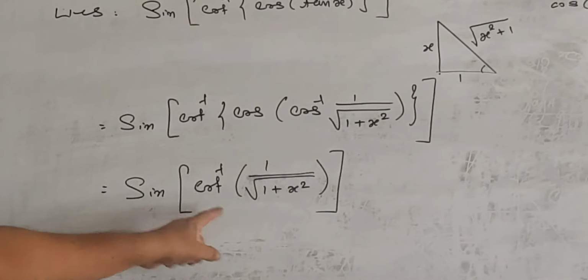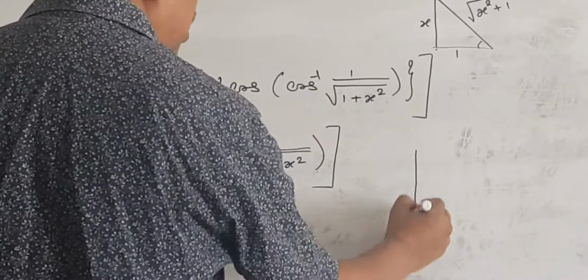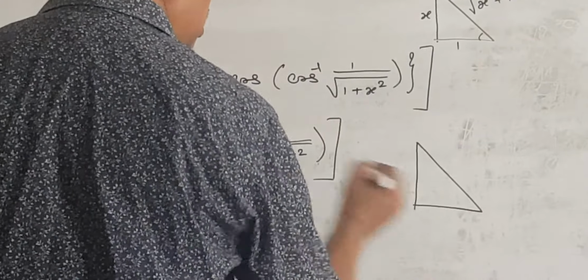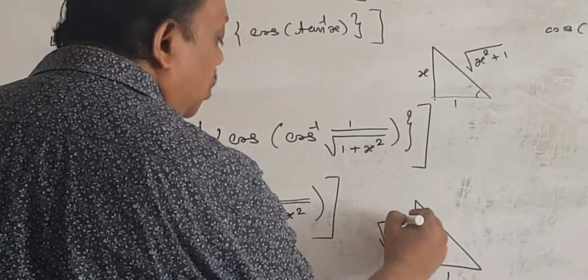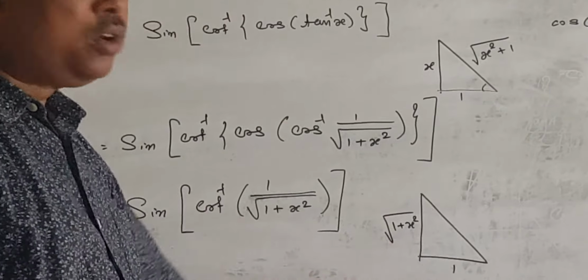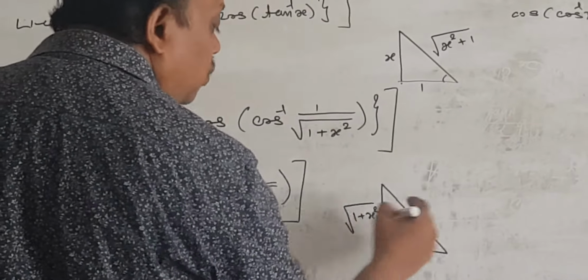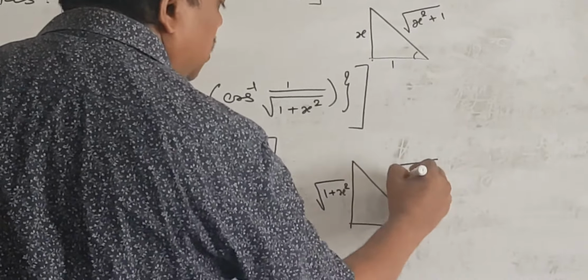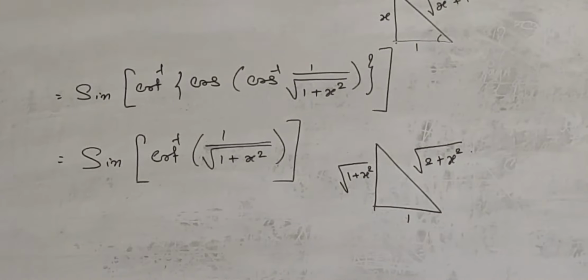Now this cot inverse we have to turn into sine inverse, so again we use a right angle triangle. Cot means adjacent side upon opposite side, root of 1 plus x square. How do you get the hypotenuse? The sum of the squares of these: 1 plus 1 is 2, plus x square, means root of 2 plus x square. Now this calculation everyone knows.